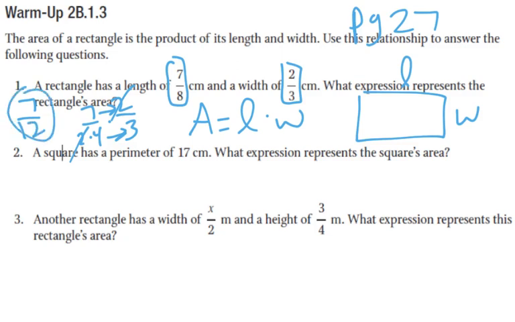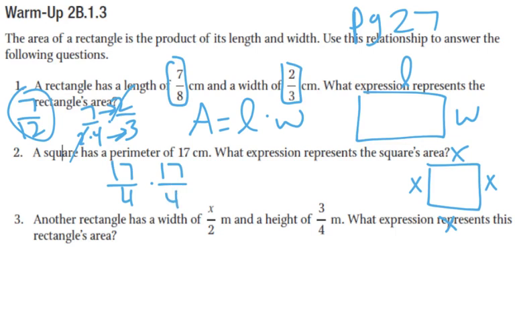Okay. Now 17 says a square has a perimeter of 17 centimeters. What expression represents the square's area? Well, if we think of a square, it's the same length across, right? So if I go 17 divided by 4, that would give me its side length. Okay. So to get the area, we would just multiply 17/4 by 17/4.